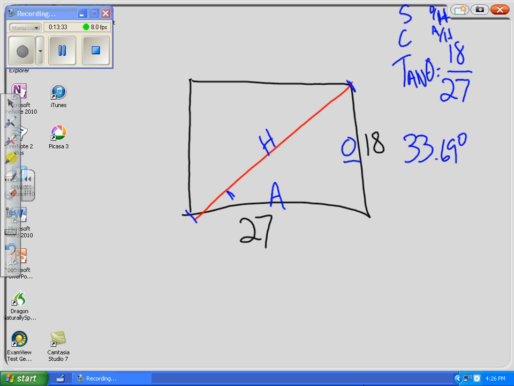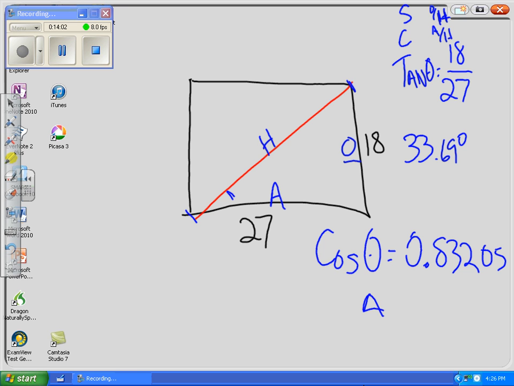And the cosine of that angle is .832. Okay, 0.83205. Now, if we have that, then 0.83205 is equal to A, which is 27, divided by H. So if we just switch these two, we're going to wind up with what?